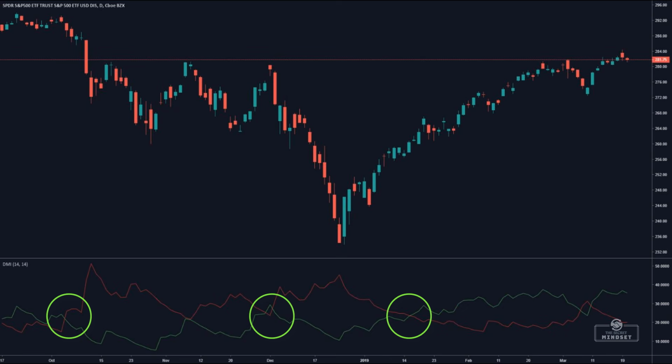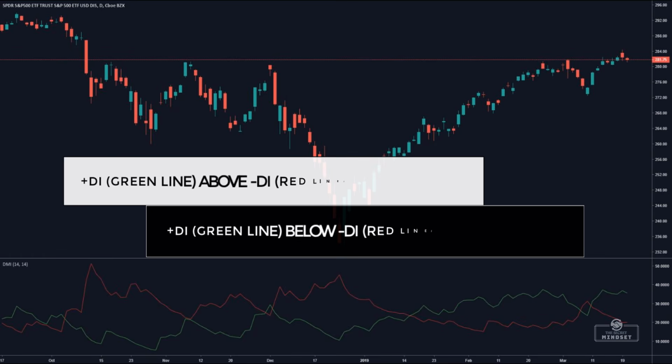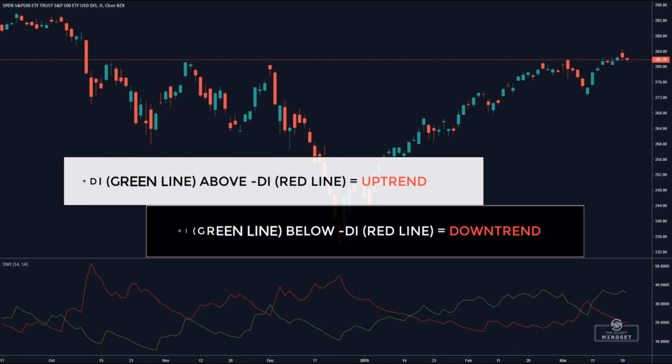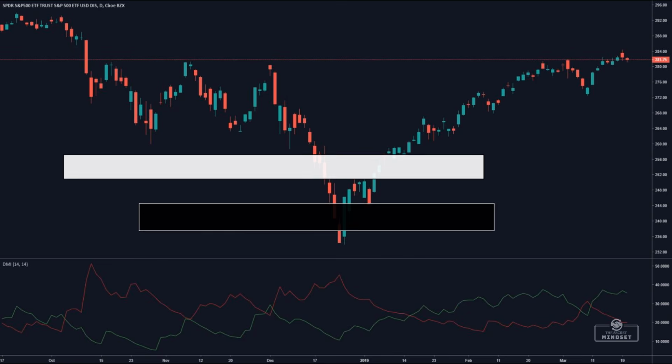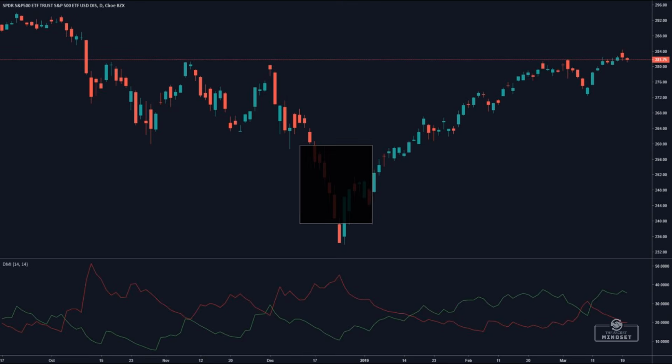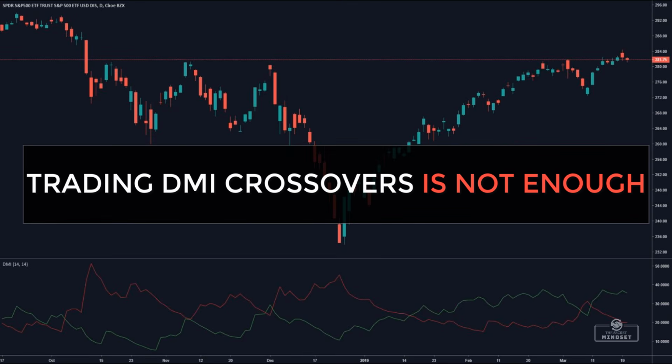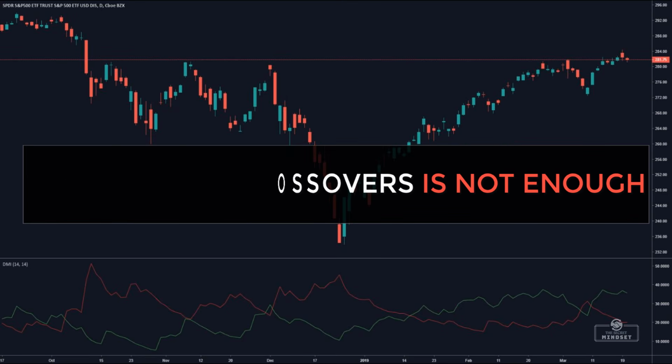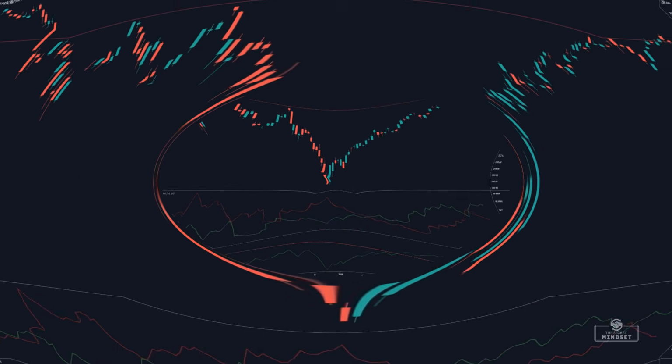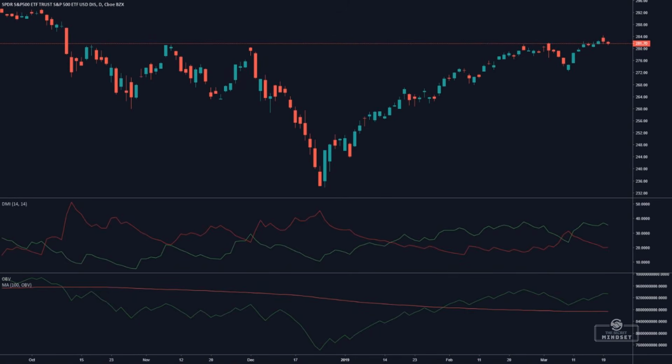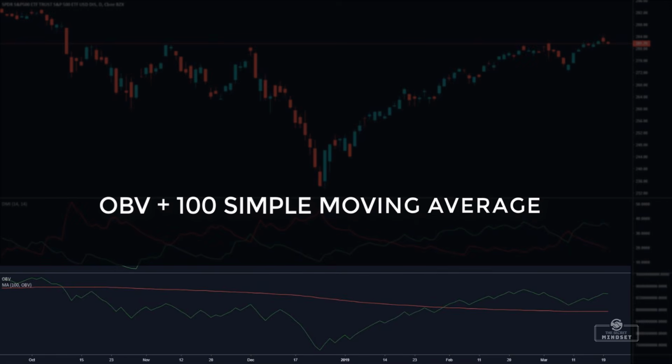The positive DMI, the green line, crossing above the negative DMI, the red line, suggests an uptrend, and the positive DMI, green line, crossing below the negative DMI, the red line, indicates a downtrend. However, this setup alone is not enough to be profitable and will offer a lot of false signals. I prefer to filter the entries with the on-balance volume.